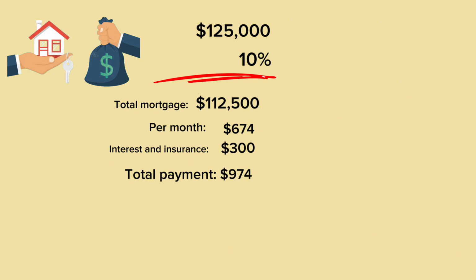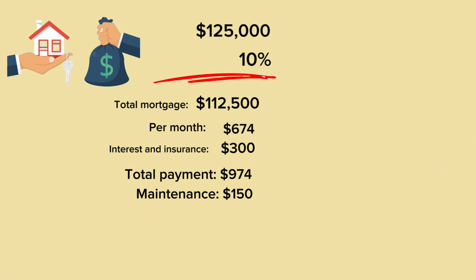So the $974, they call it PITI: principal, interest, taxes, insurance. This is one payment that the mortgage company or the bank wraps up for you, and we calculate that as $974. Then you're going to add $150 worth of maintenance and repairs.